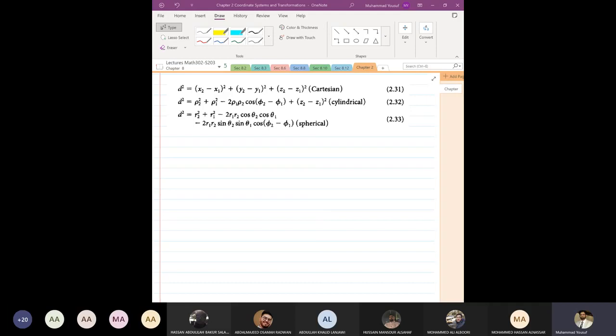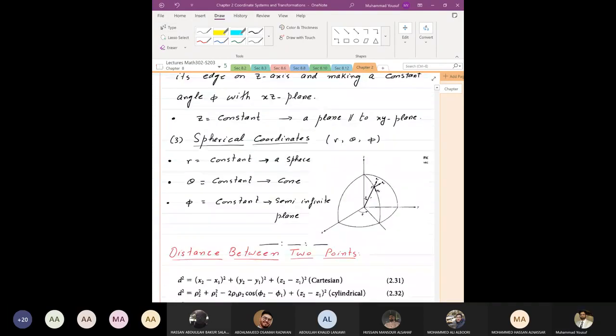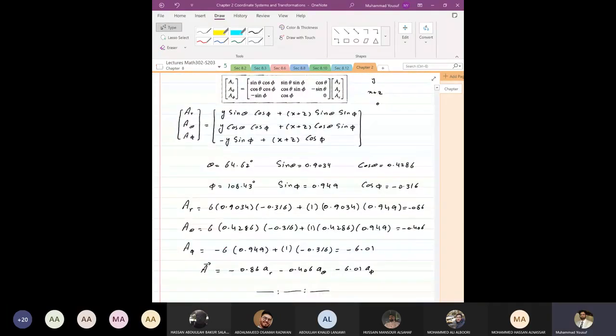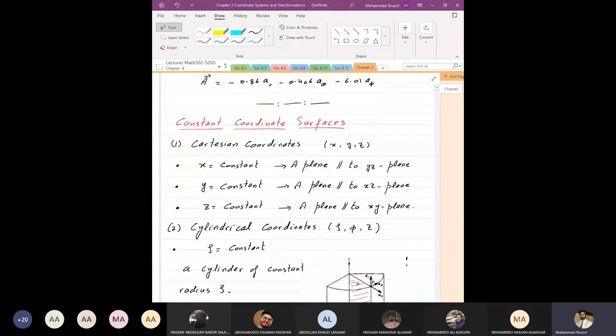For example, just for the sake of completeness, I can copy and paste this figure here. Coordinate surfaces.